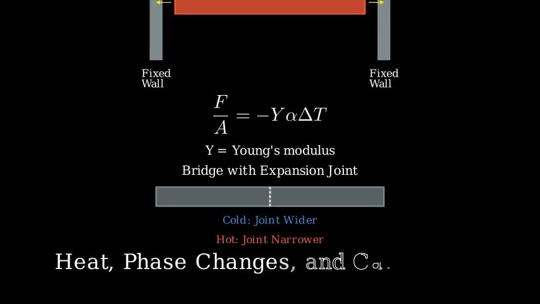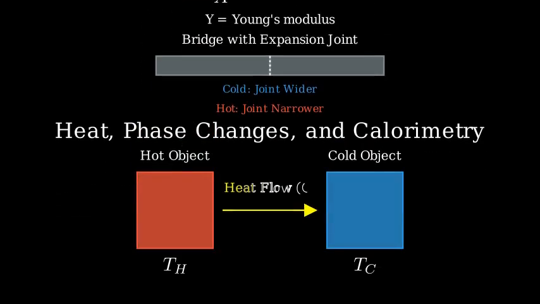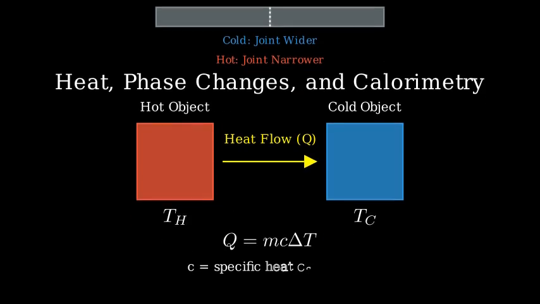Now let's move on to heat, phase changes, and calorimetry. Heat is energy in transit from one body to another as a result of a temperature difference. Heat flows from hotter objects to colder ones. The heat Q required to cause a temperature change delta T in a material with mass m is given by Q equals m times C times delta T, where C is the specific heat of the material.